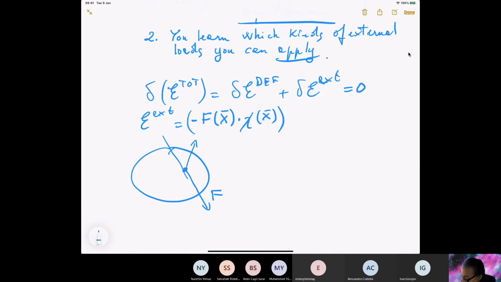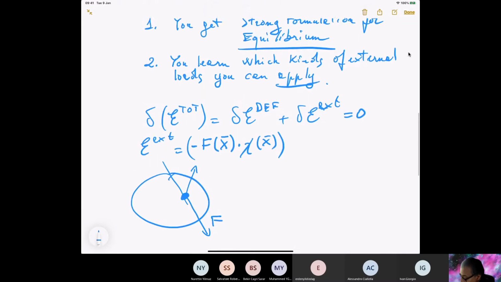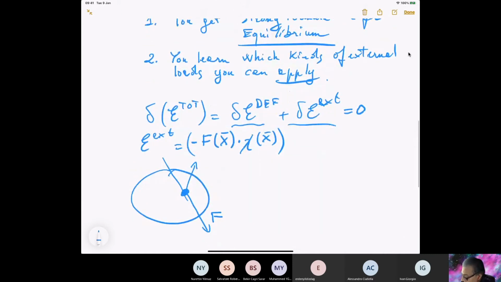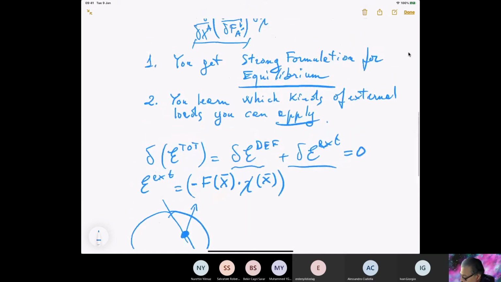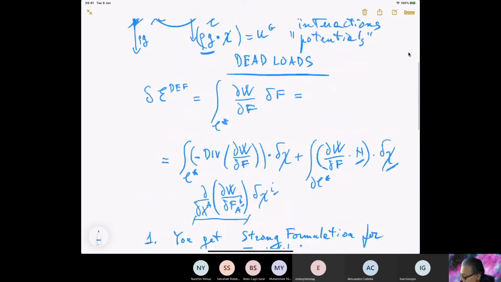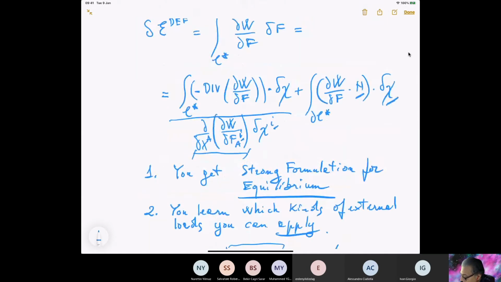So if you have one concentrated force in one point, and you write this plus that, you have that the first variation of deformation energy is a volume integral plus a surface integral.